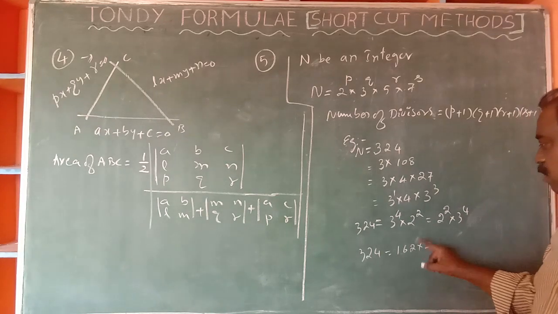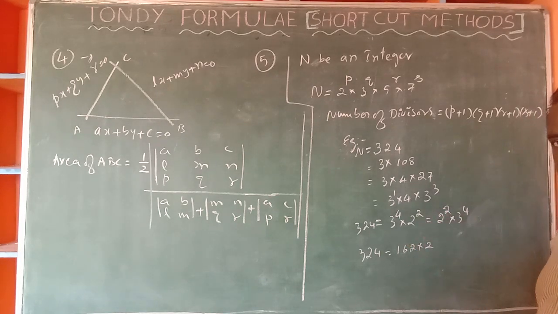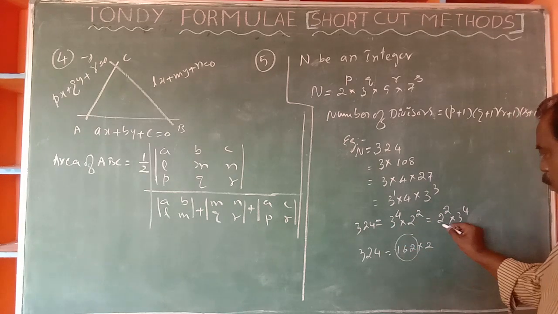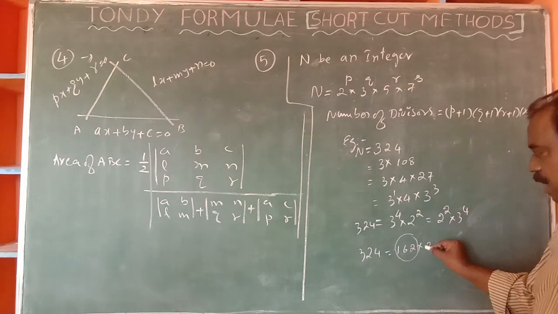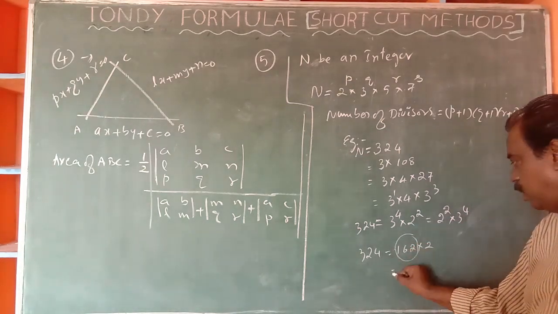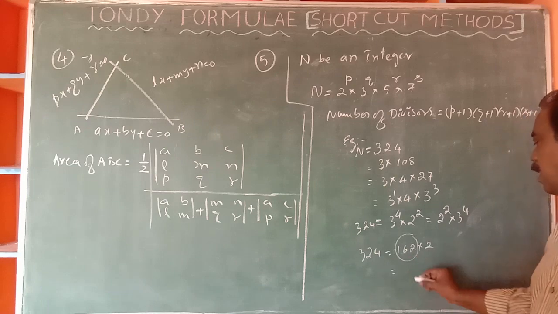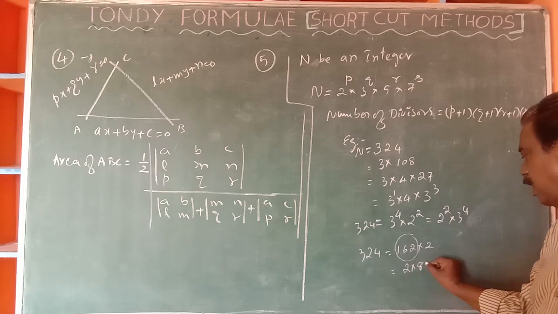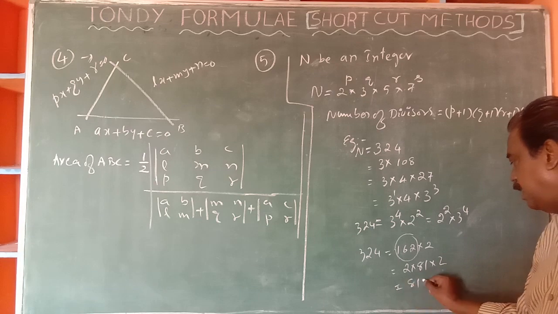So 162 is also a divisor, not only 2 and 3. This also can be written as 81 into 4.